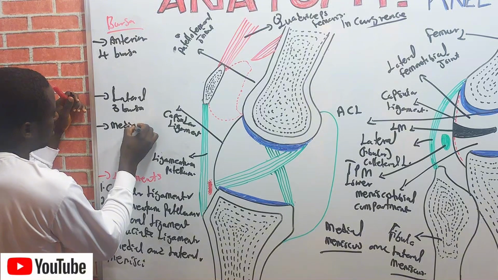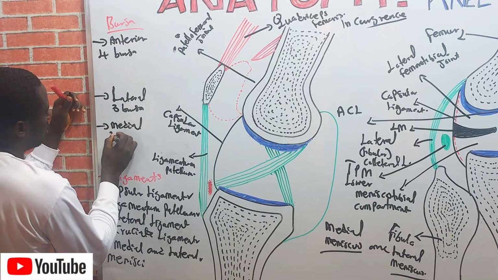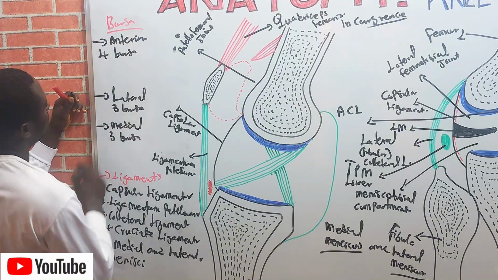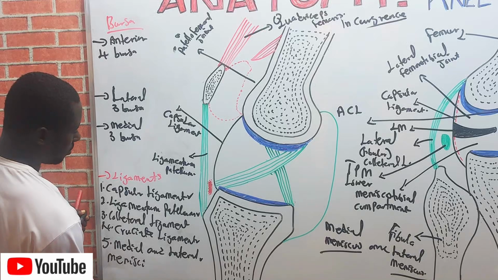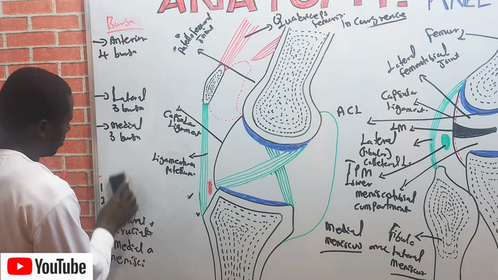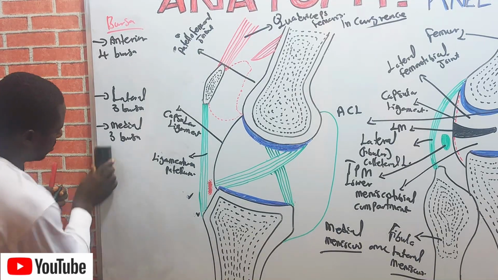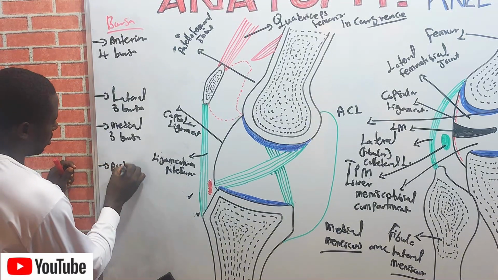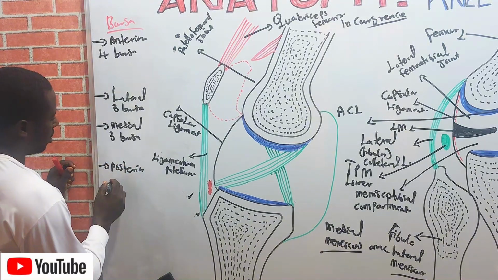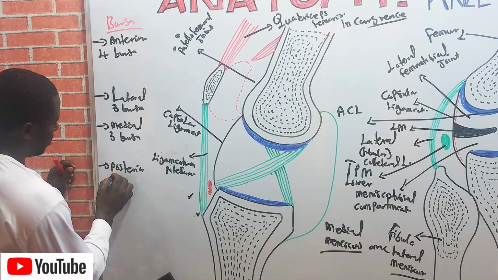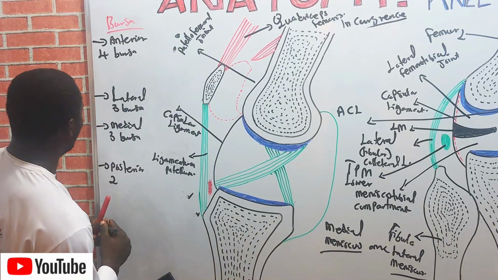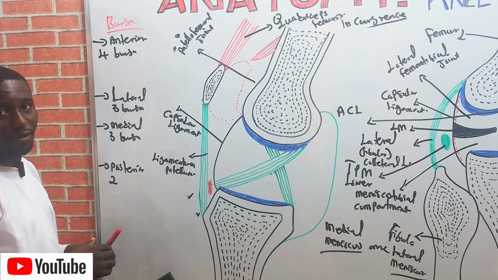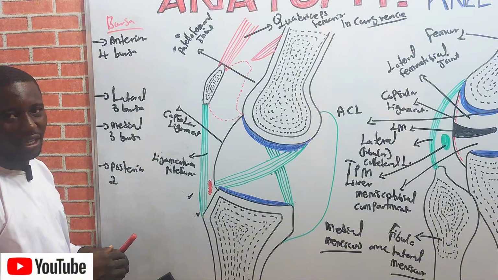Medially, we have 3 bursae. And posteriorly, we have 2 bursae. So that is a total of 12 bursae of the knee joint.